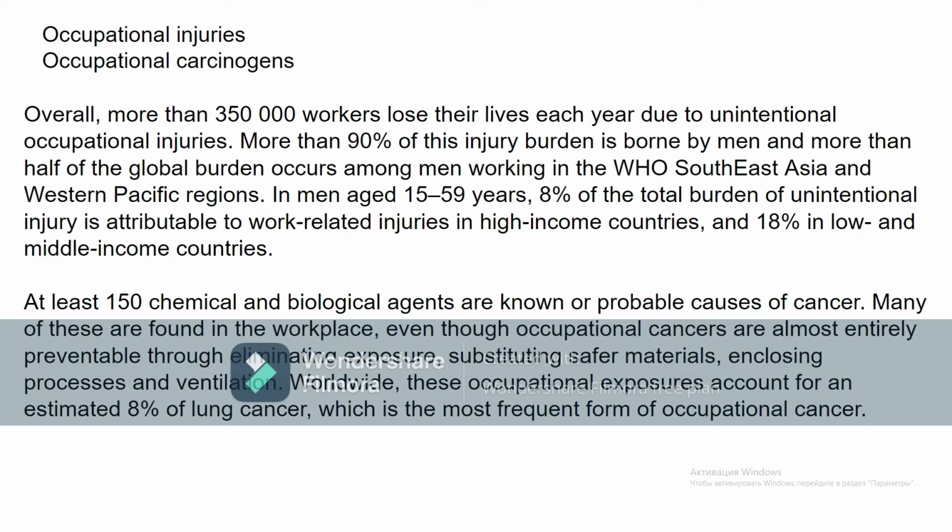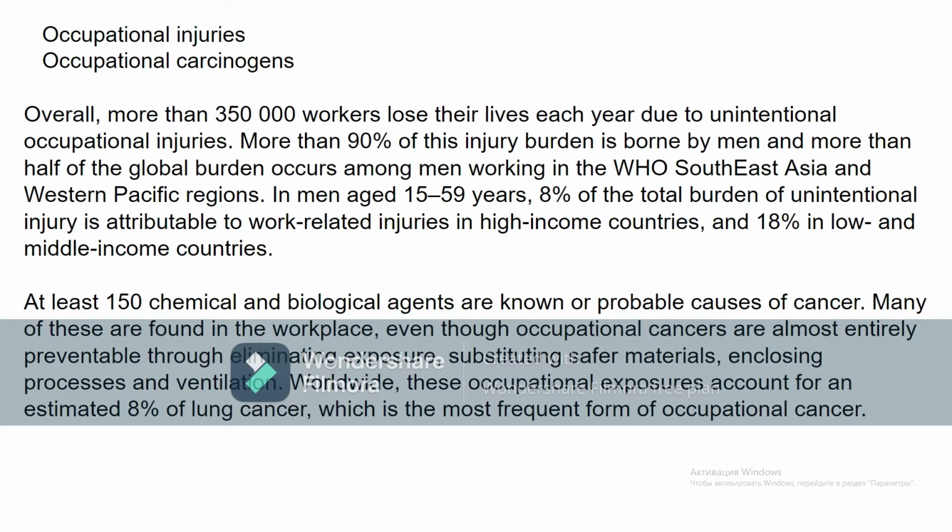More than 90% of this injury burden is borne by men, and more than half of the global burden occurs among men working in the World Health Organization Southeast Asia and Western Pacific regions. In men aged 15 to 59 years, 8% of the total burden of unintentional injury is attributable to work-related injuries in high-income countries, and 18% in low and middle-income countries.